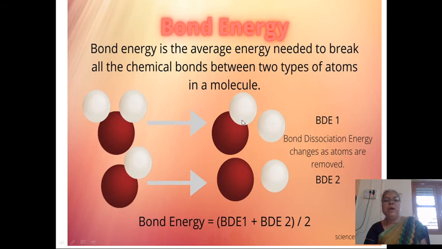That means two atoms are connected with one bond, and bond dissociation energy changes as atoms are removed. That means this is the first break and here it is a second break. So the bond energy is the bond energy in the first break plus the bond energy in the second break, divided by 2. By using this, we can calculate the bond energy.